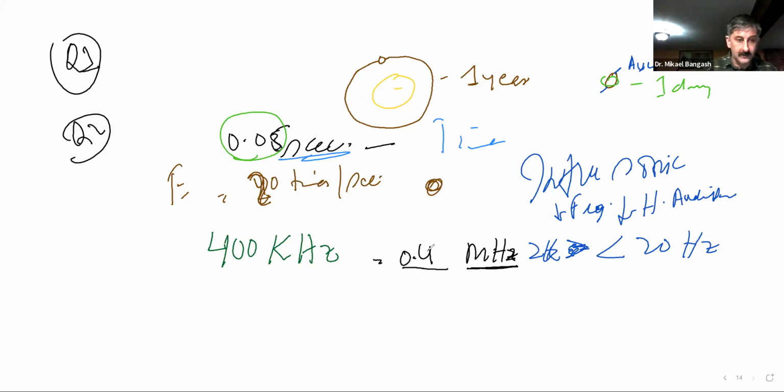Look at it in this way, guys. This was 100, right? 100 is 10 raised to the power 2. This is kilo, which is 10 raised to the power 3. When we add these two together, it becomes 10 raised to the power 5. What was your mega? 10 raised to the power 6.